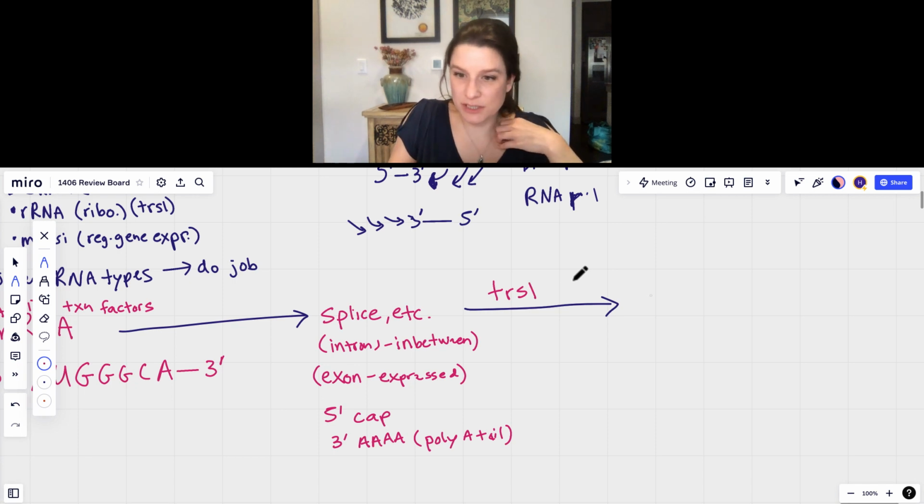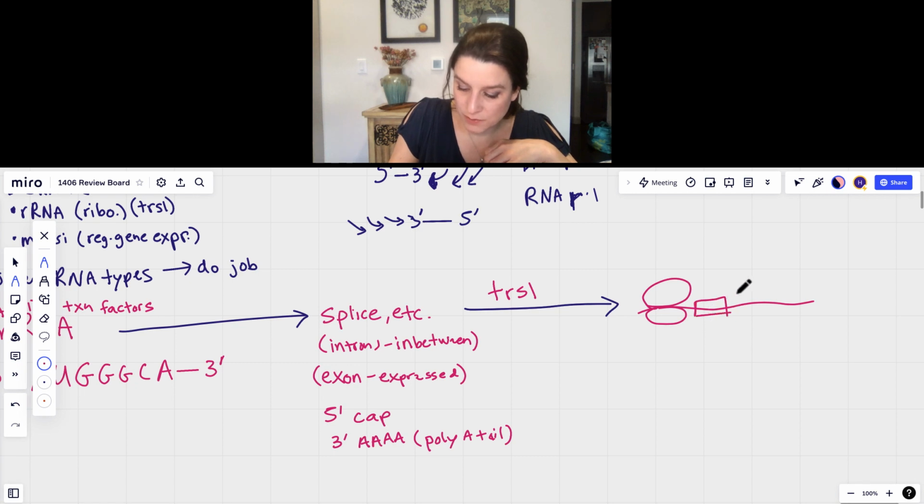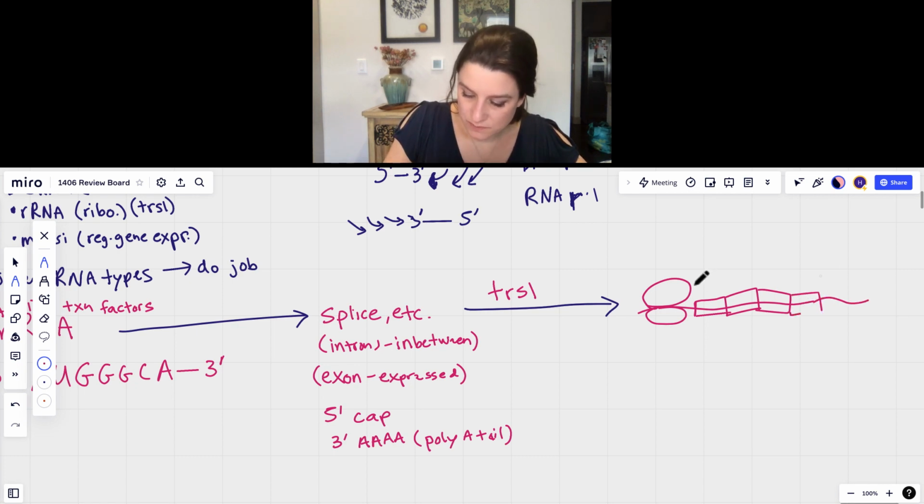Then you have translation, right, which is where you have the ribosome jump on the RNA, and it's going to read it in groups of 3s. Those are the codons that you were talking about. So it always jumps on the 5' side with that cap, the ribosome.